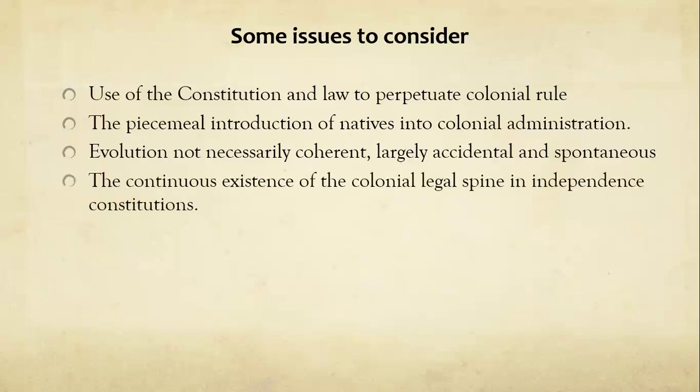It is also worth noting at the very outset that there was a continuous existence of colonial legal span in independence constitution. If you examine the independence and even the post-independence constitution critically, you will notice that there were some important traces of colonial legal arrangements in those constitutions.